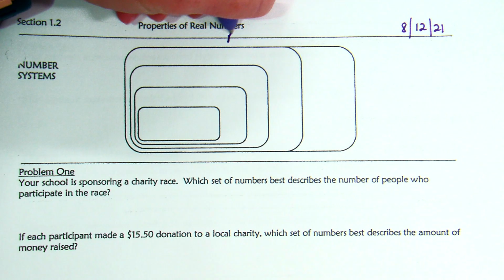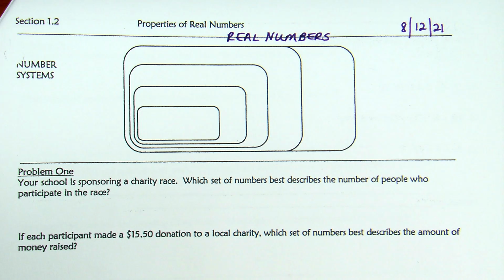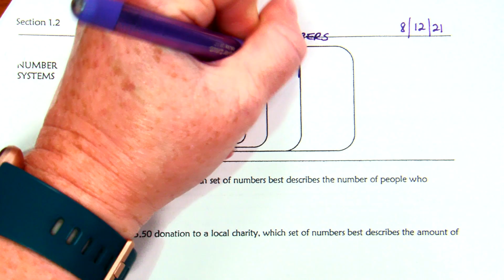And then we're going to look at the different categories of numbers. Real numbers break into 2 categories. Real numbers can be rational or they are irrational. So I'm going to draw a vertical line here.